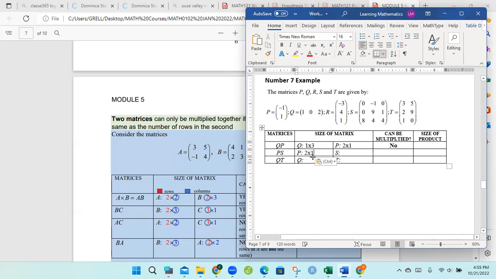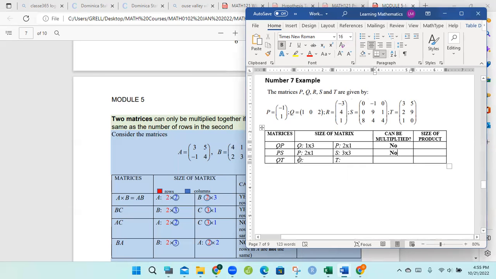And S is a 3 by 3. Now, if you go in PS, you have 1 element in the row and 3 elements in the column. Multiplication is not possible. And the innermost numbers are different, so multiplication is not possible.